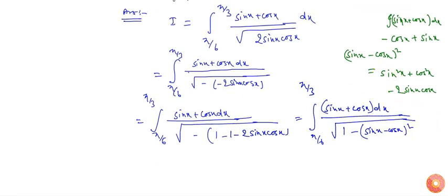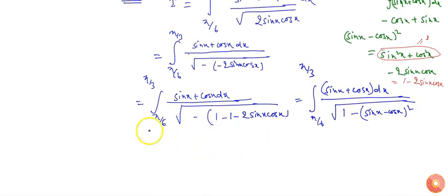Since this term is 1, sin x minus cos x whole square will be 1 minus 2 sin x cos x. I am just using this here and writing sin x minus cos x whole square.